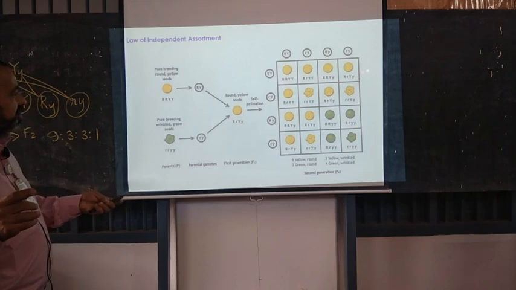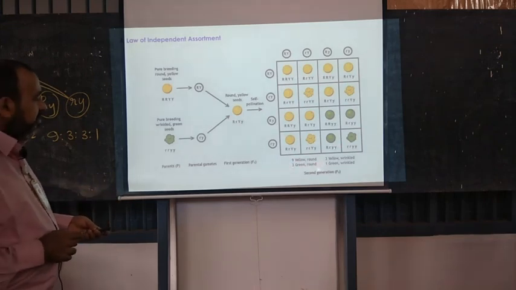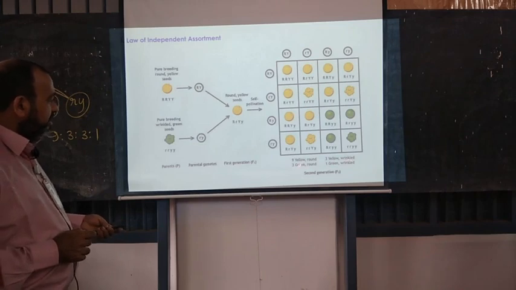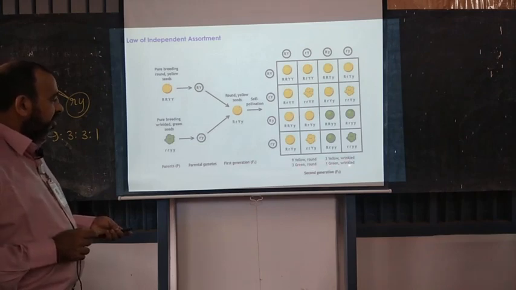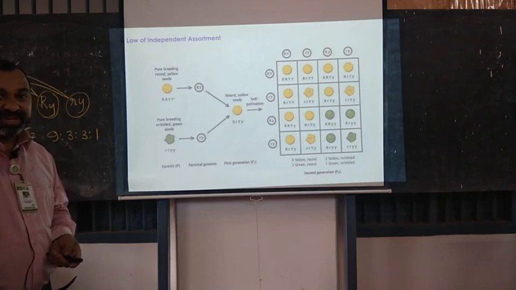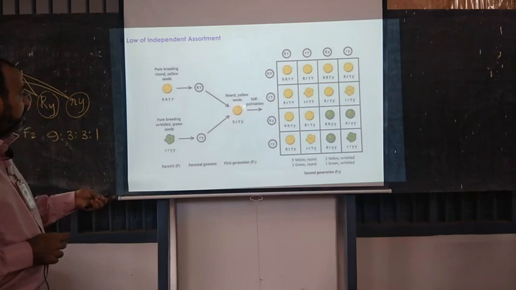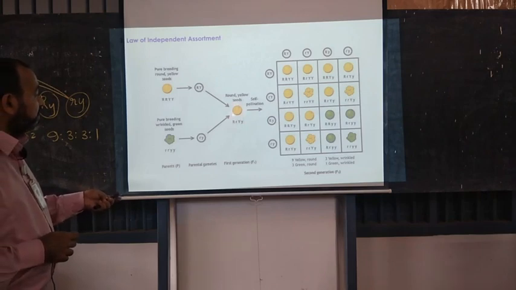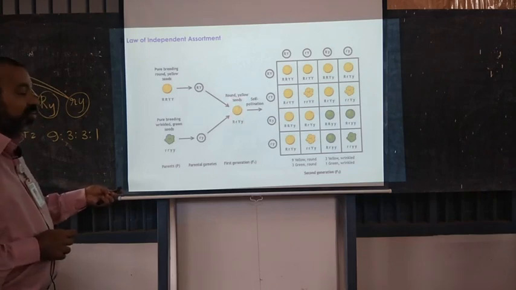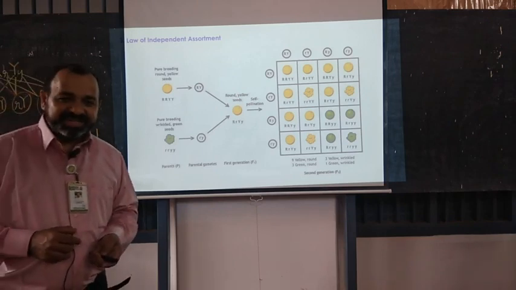And we get 9 yellow round, 3 yellow wrinkled, 3 green round and 1 green wrinkled F2 progenies. Four types of phenotypic expressions are seen, although the parents were a single type, round yellow. This is the magic of genetics.